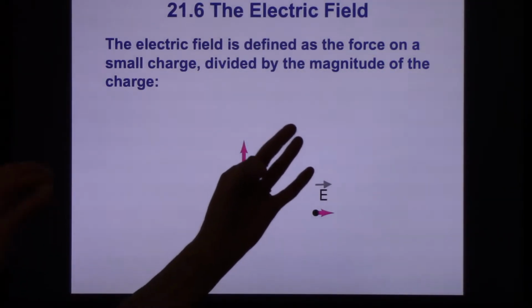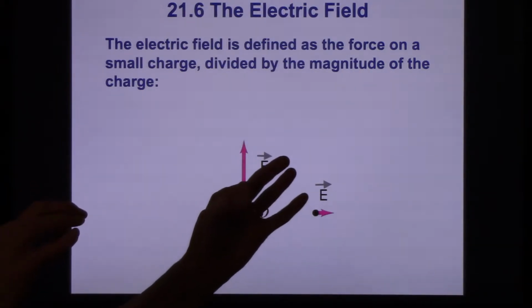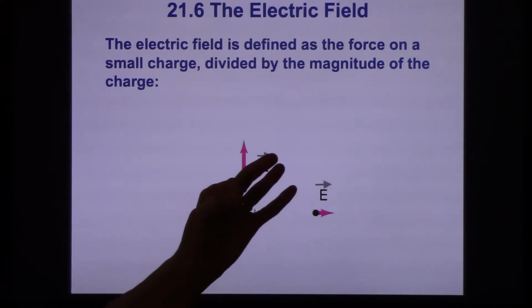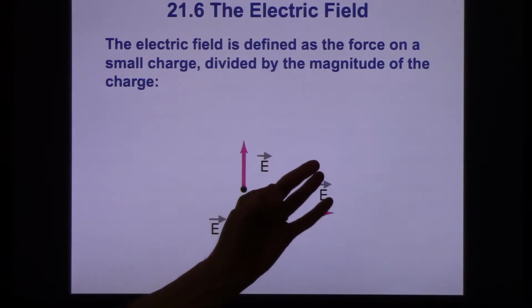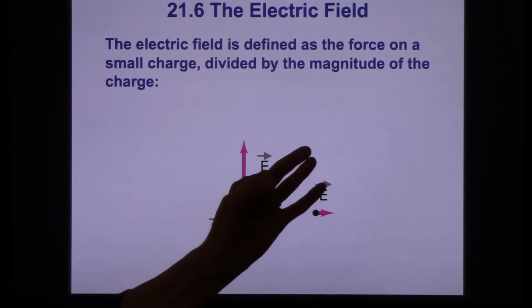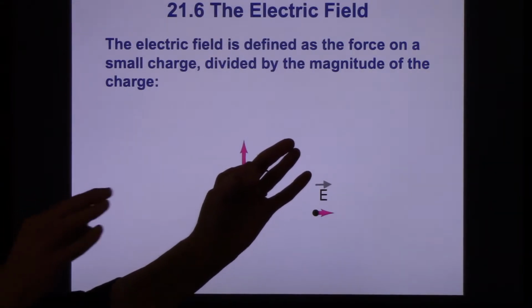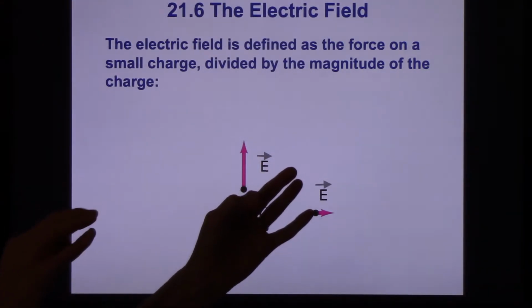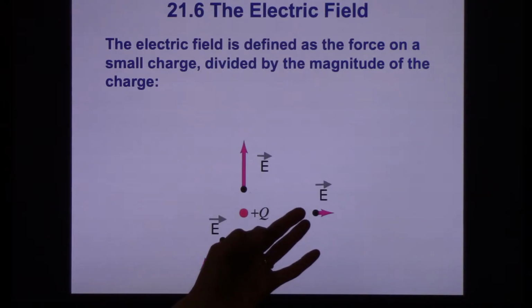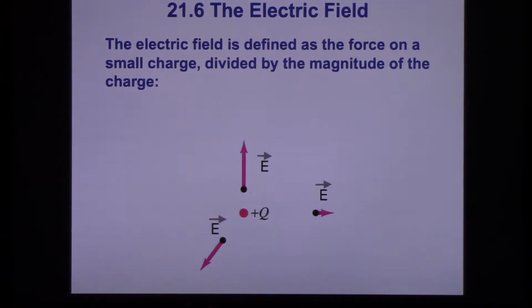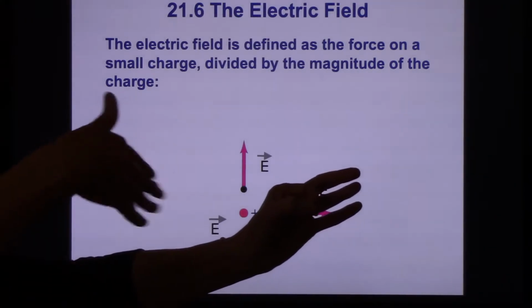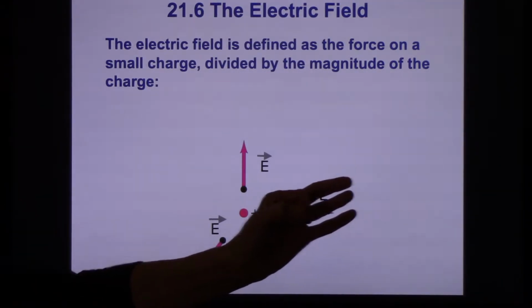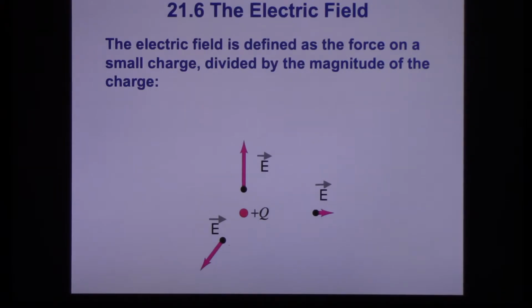Rather than saying the two charges directly affect each other, what we say instead is that each charge creates a field, an electric field, and another charge coming through that region will feel the effects of the field. Now you might be thinking, well, you can kind of solve things either way. You can do a direct force calculation, or you can talk about an electric field, and that's true.